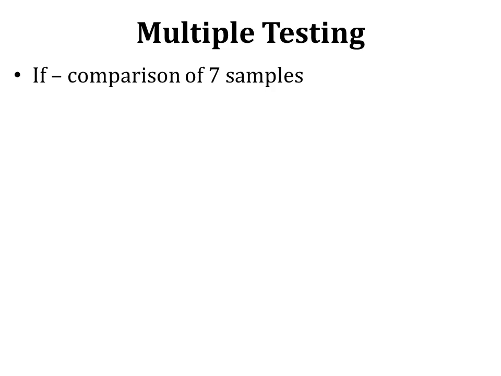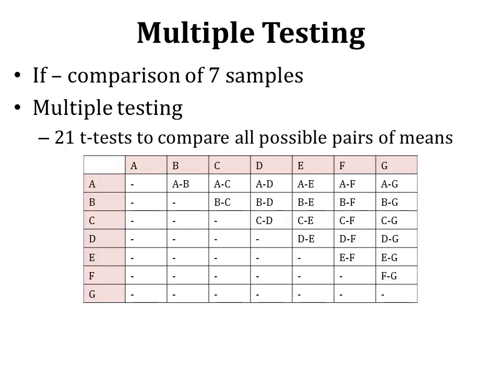In the previous example, we had only 3 samples, but here we have 7 samples that need to be compared with each other for their mean values. So how many tests are you going to do? You need 21 t-tests to compare all possible pairs of means, because the possible number of pairs of means is 21.